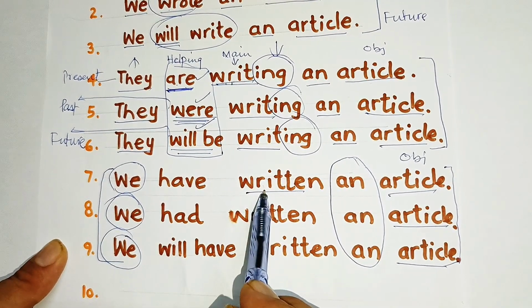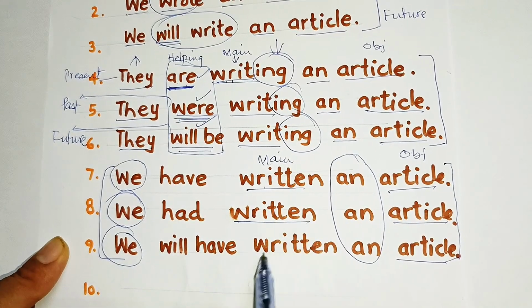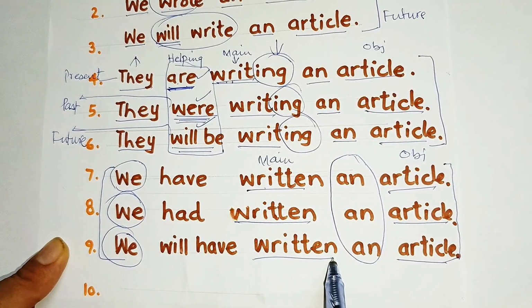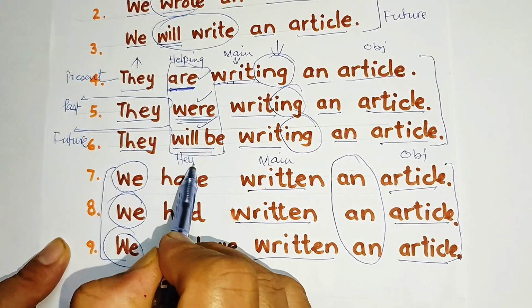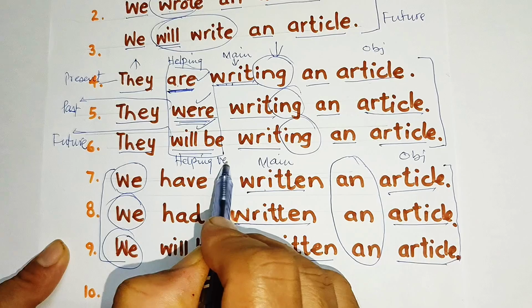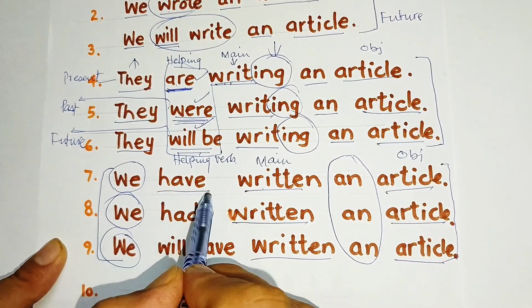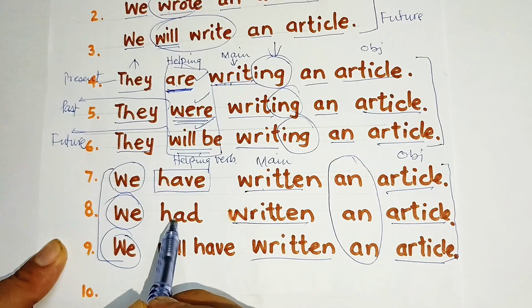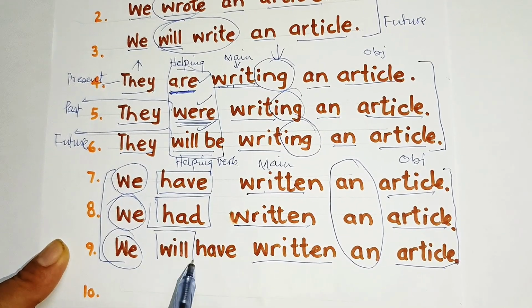So written is the main verb again over here in all these three sentences, but once there is a helping verb alongside the main verb, then we are to focus on these helping verbs in order to identify the tense.